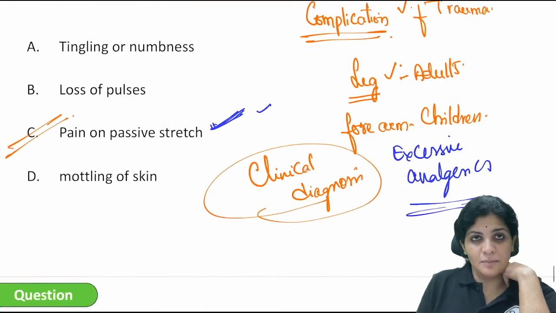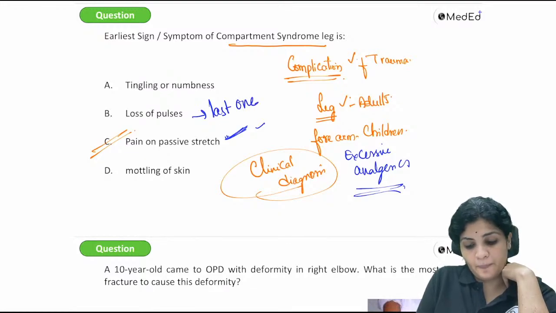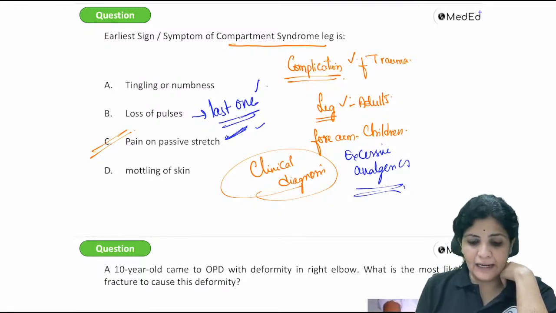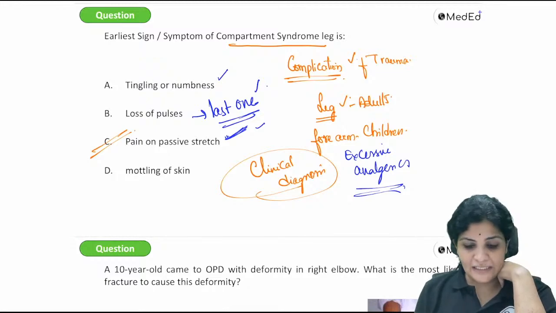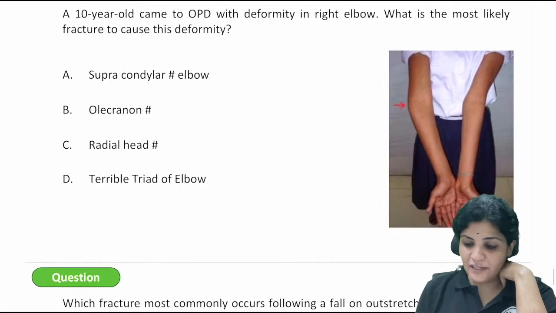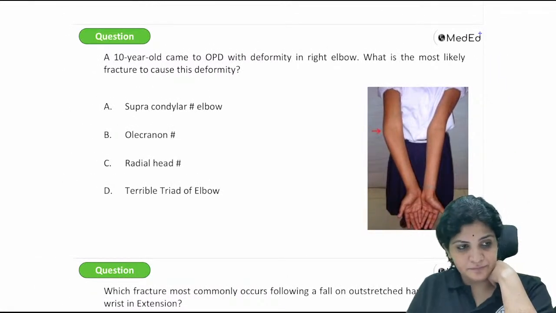And pulselessness, remember, loss of pulses is the last one. Tingling and numbness come somewhere in the middle. So the answer here is pain on passive stretch. Very good. This we have extensively described yesterday.